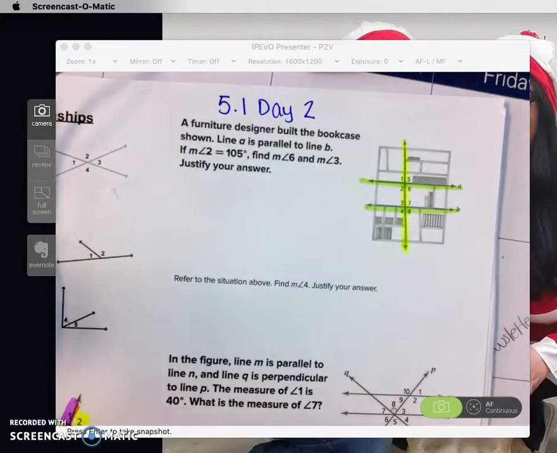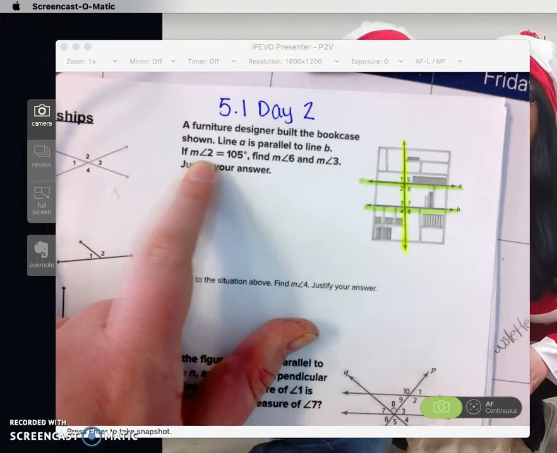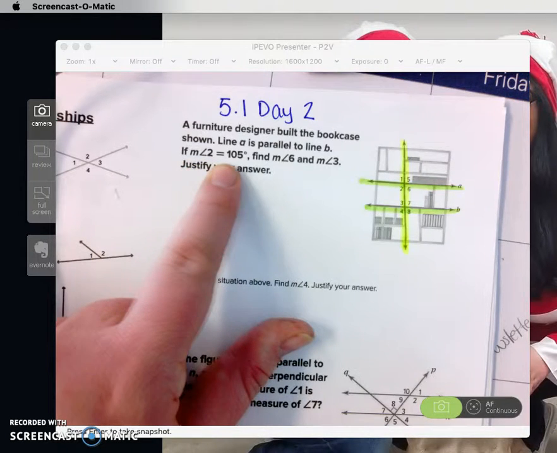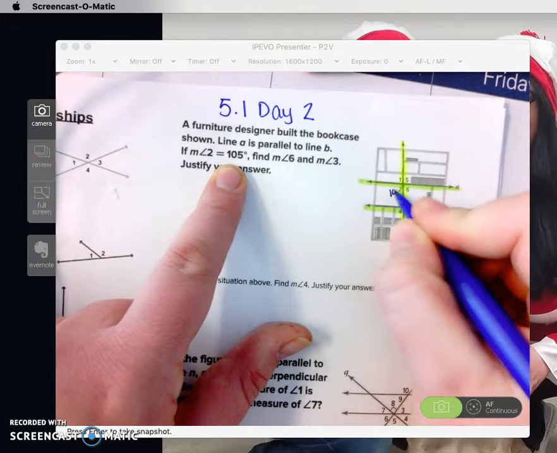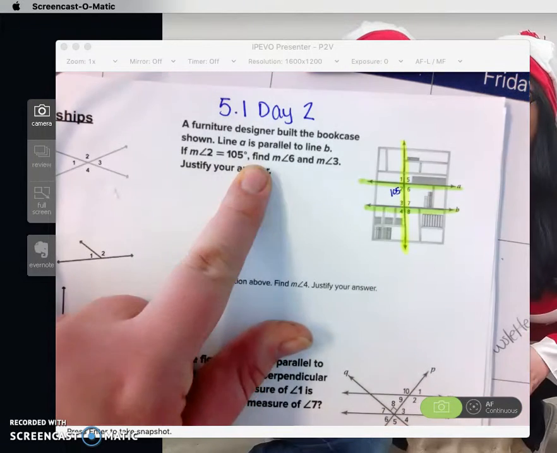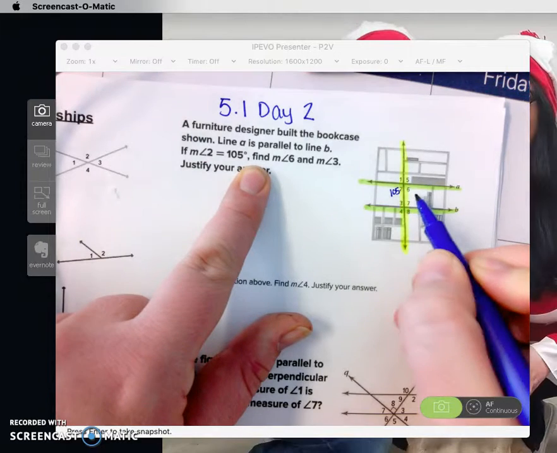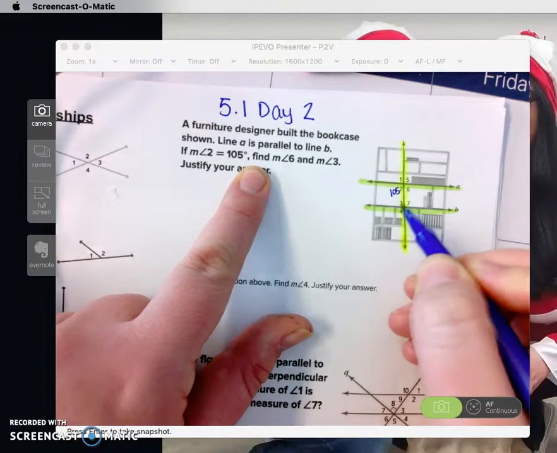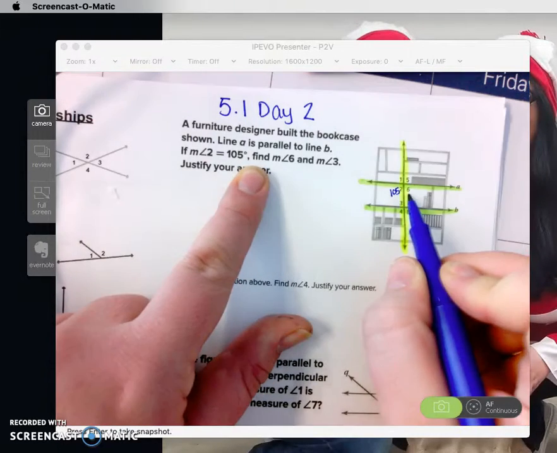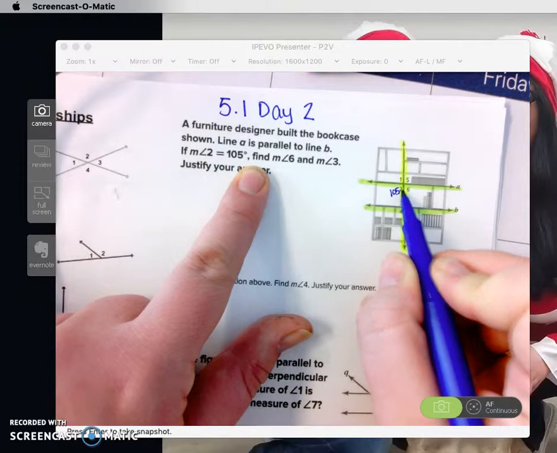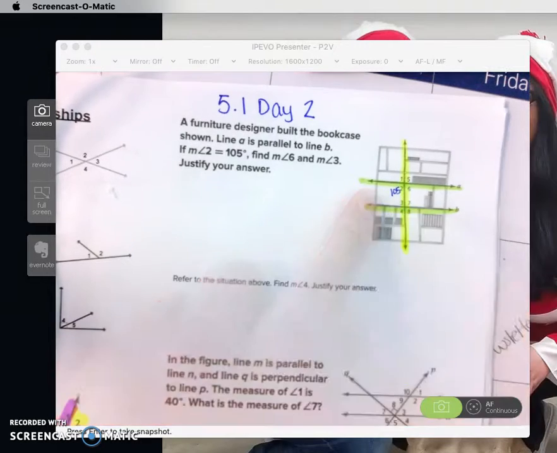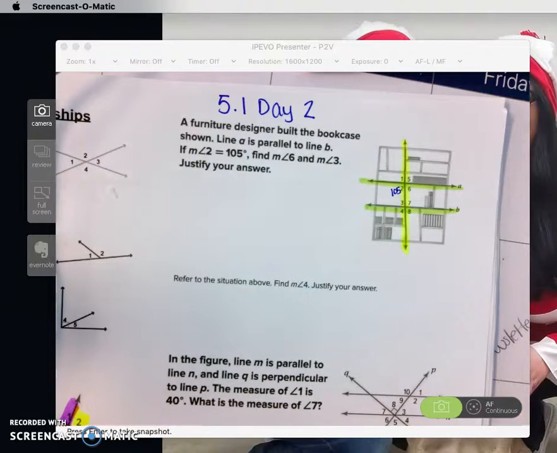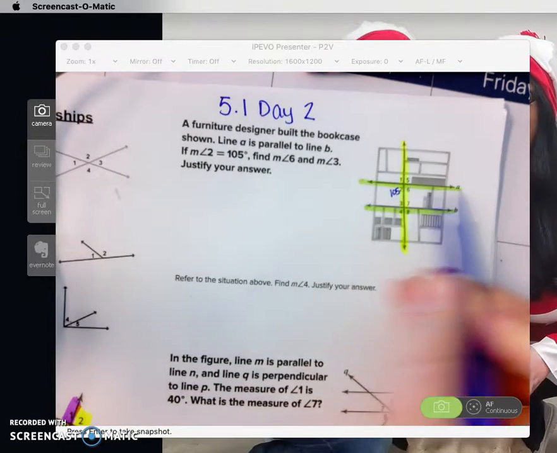All right, so if the measure of angle 2 is equal to 105. So right here, 105. Find the measure of angle 6 and 3. So the measure of angle 6, what type of angles would these two be? Well, they create this line here.